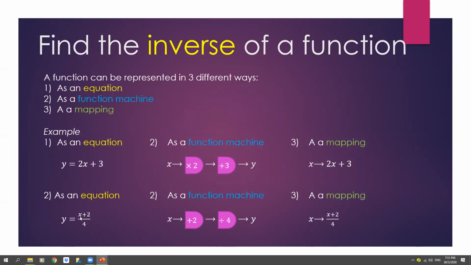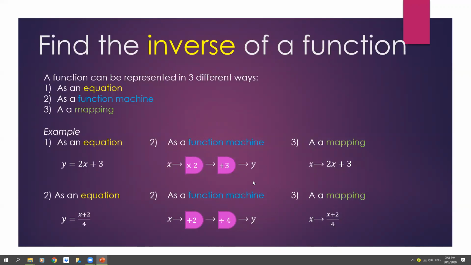That means every time you replace x with a number, you plus 2 first, then divide the total by 4 to get the final answer of y. This is very clear, right? As a mapping, it's the same thing: x arrow x plus 2 over 4, with an arrow sign instead of y equal. So: equation, function machine, and mapping.